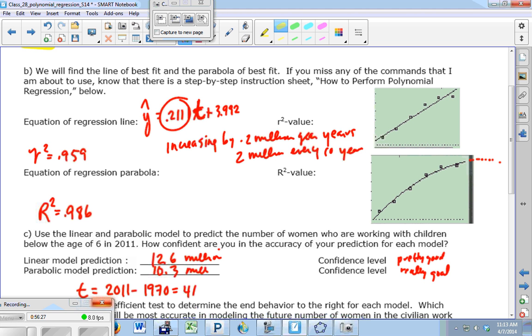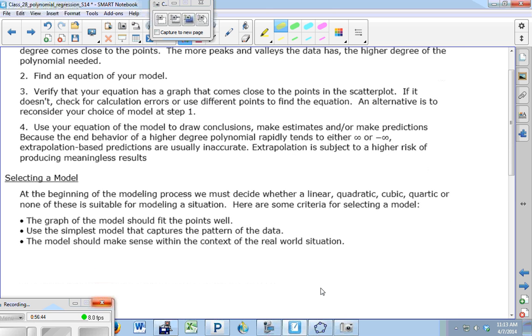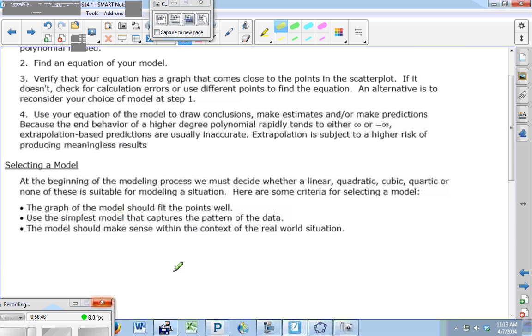So the parabolic model is good right now and maybe shortly into the future, but at some point we're going to have model breakdown. So the moral of the story is sometimes you can look at a couple of different models, and when you're trying to decide which model is the best, first of all, you want to look at your scatter plot. You want to make sure your model is a pretty good fit to your data points.